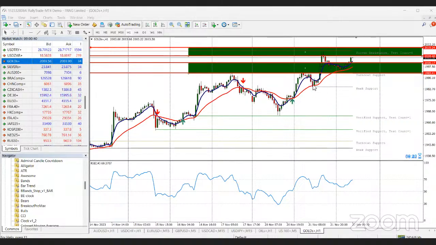Again, for our sell regions on gold, 2004.68 and 2010.24. Sell from there. Take profit regions, 2000.17 and 1993.41.